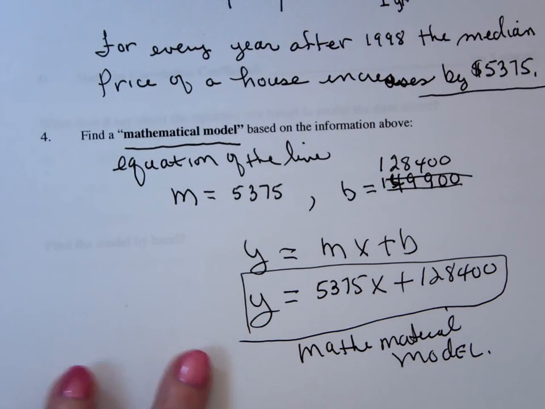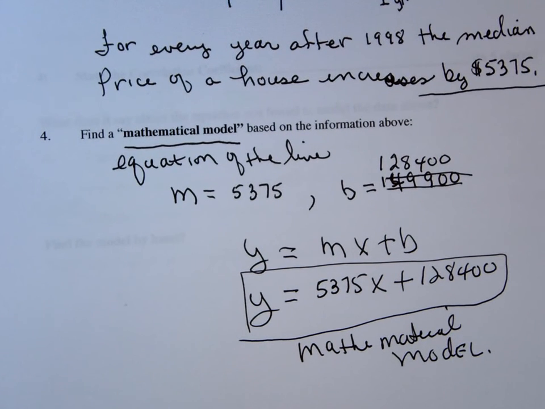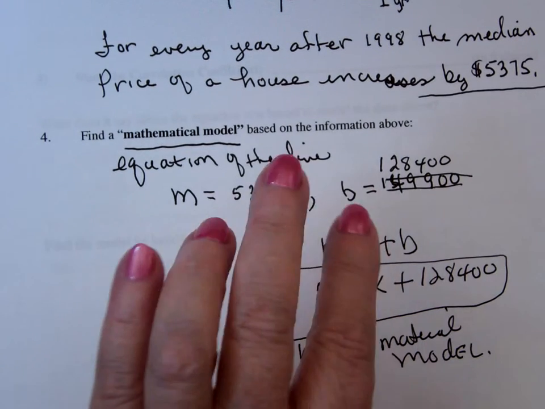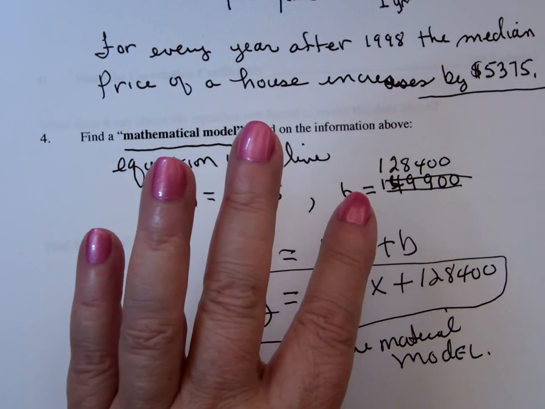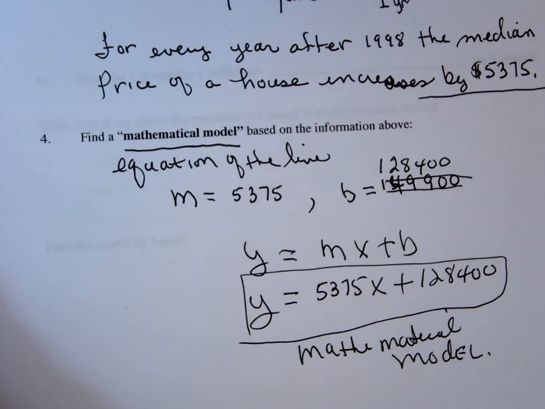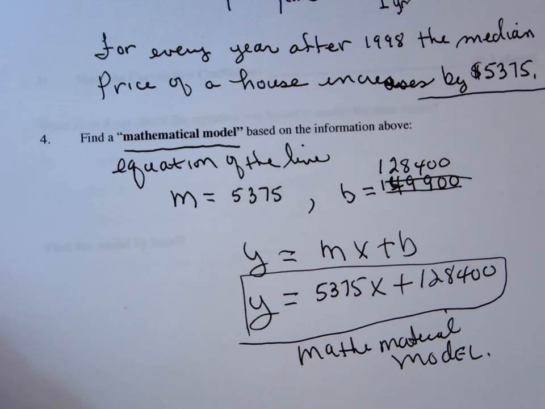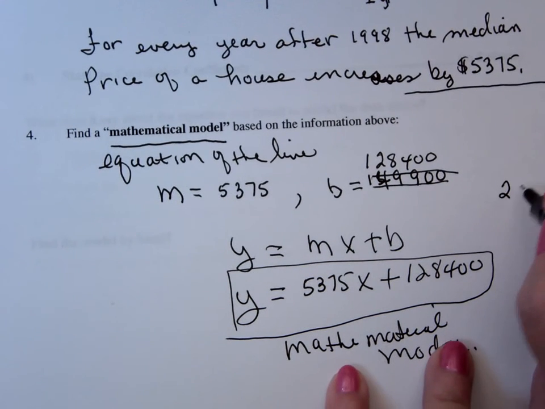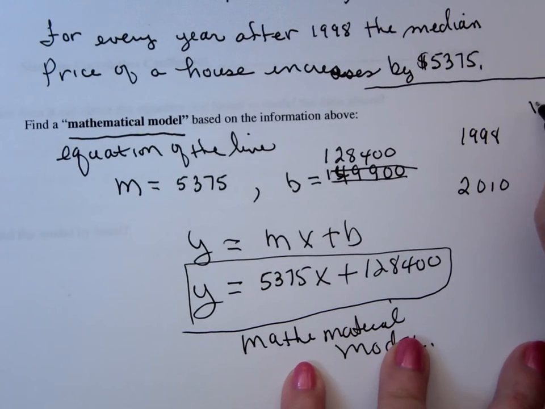That says now, if you wanted to predict the median price of a house in the year 2010, right? You need to know what 2010 is with respect to 1998. So if I wanted 2010, 1998 is x equals 0.